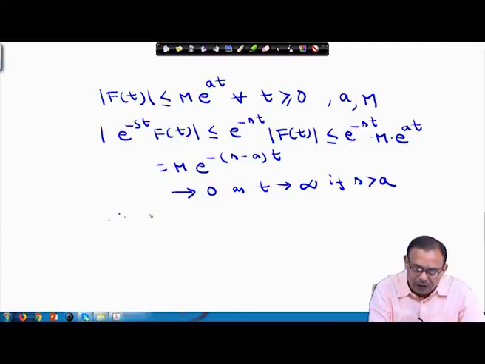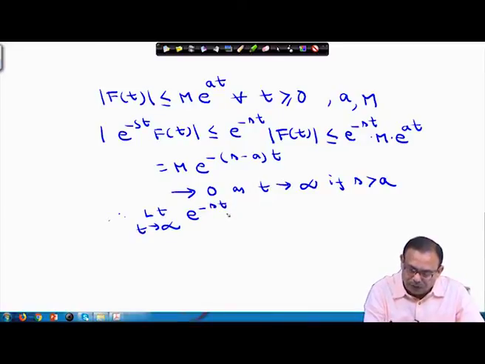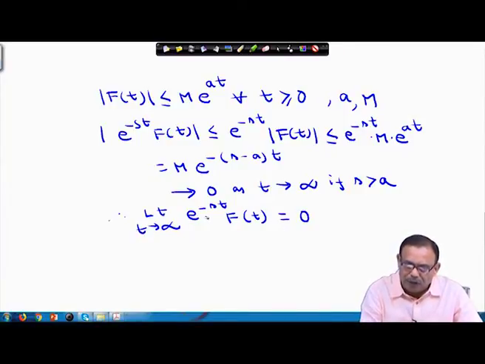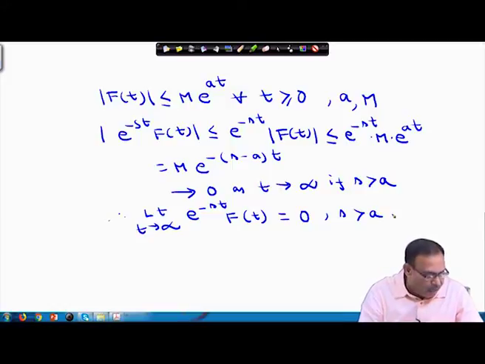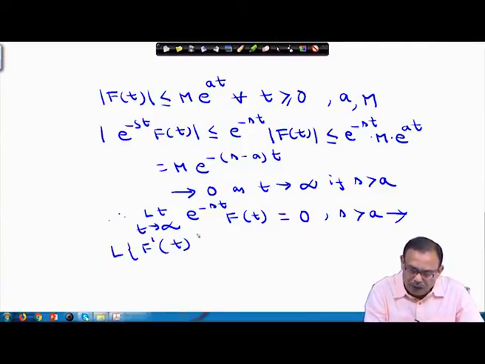Therefore, you can say that the limit as t approaches infinity of e power minus s t into f t equals 0 for s greater than a. From these two, we can conclude that the Laplace transform of f dash t exists.